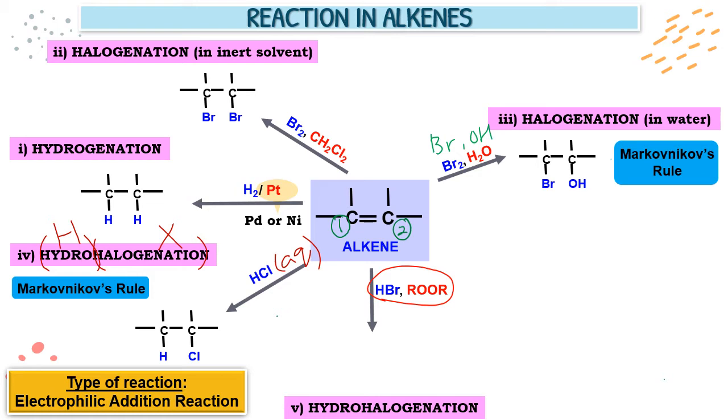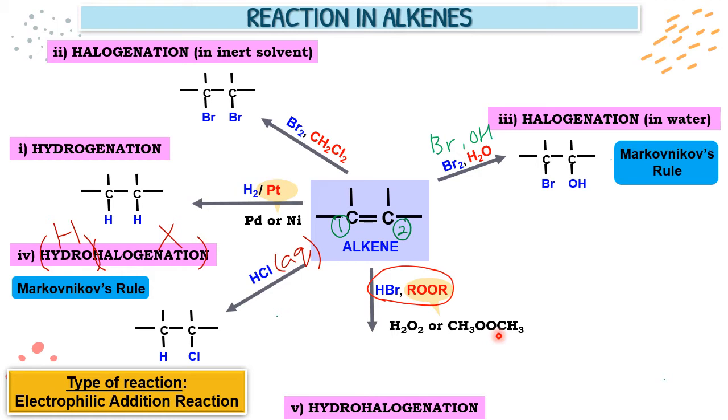This is what we call a peroxide. Usually we're going to see it in the form of H2O2, hydrogen peroxide, or here dimethyl peroxide. So why is this combination of reagent special?